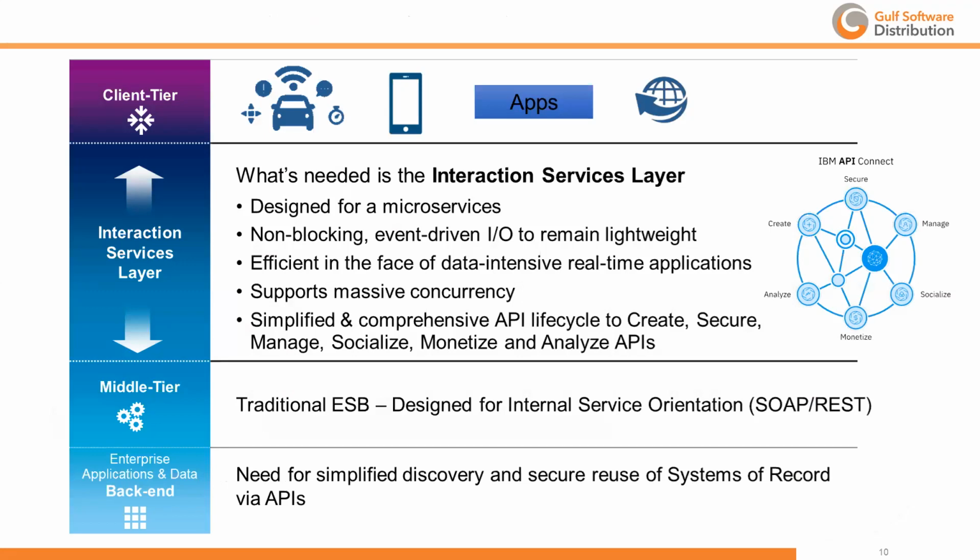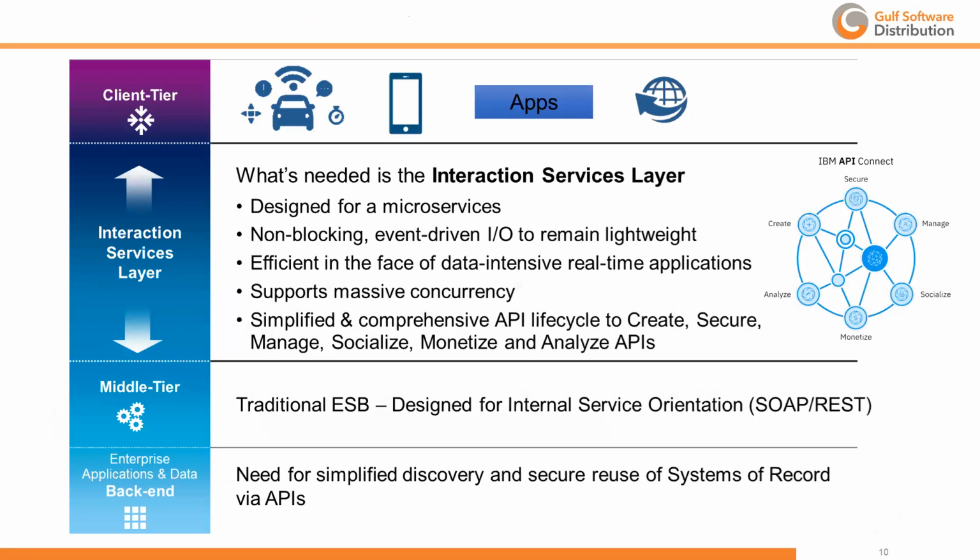So in terms of an IT architecture, you would have heard of traditional ESB or middleware, which was developed for applications. The middleware was built for the prime purpose of integrating the front end to the back end through a common enterprise service bus.